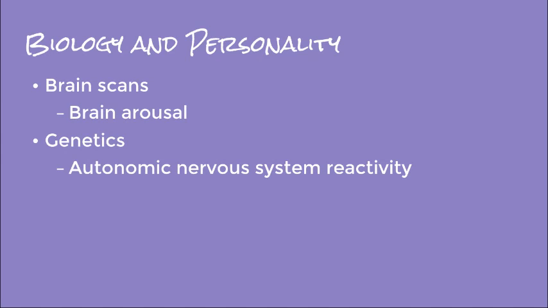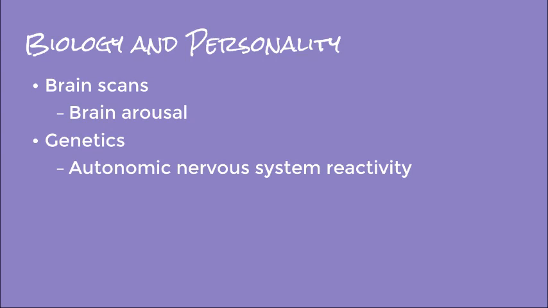For example, in brain scans, when shown certain things or asked to talk about certain things, different areas of a person's brain are aroused, awakened, and active. The same thing with genetics: you definitely have an element of heredity when it comes to your autonomic nervous system and how it reacts. Remember, your autonomic nervous system is all about the sympathetic and the parasympathetic, and that's part of our personality.